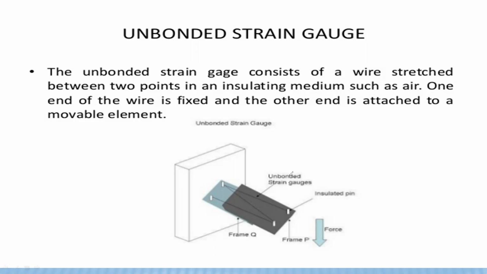You can see unbonded strain gauges. These are the unbonded strain gauges. Okay, the unbonded wires and insulation pins. These are the insulation pins. So one end of the insulation pins are fixed, and the other end of the unbonded strain gauges are connected to the object. It is the object.